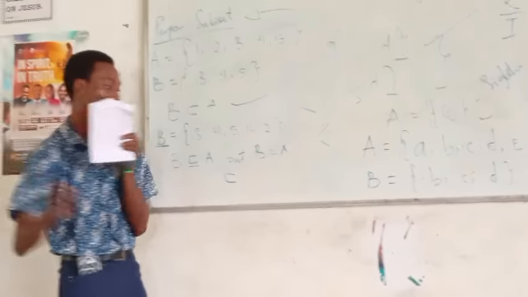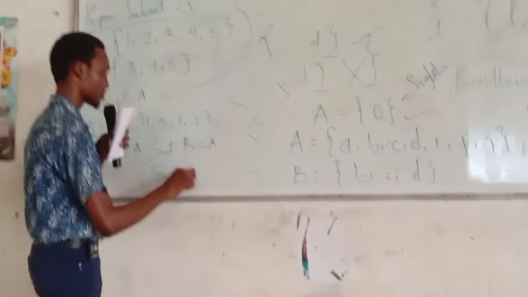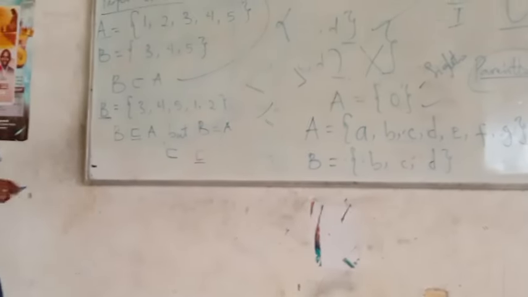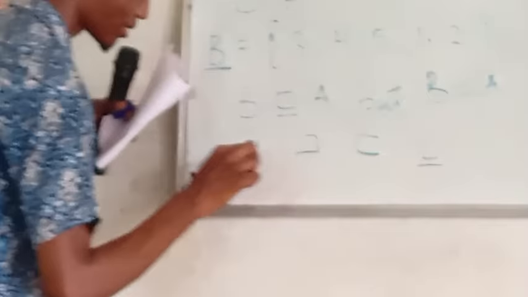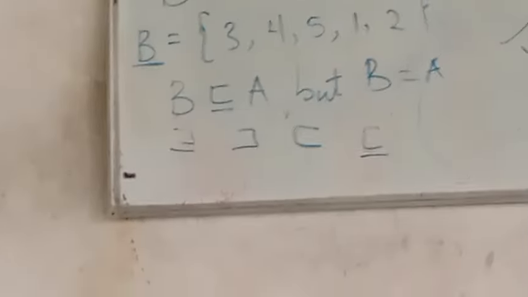Proper subset, correct. This one, improper. This one is called proper superset, bravo. And this one is improper superset. The same terminologies I explained for subsets also apply to supersets.